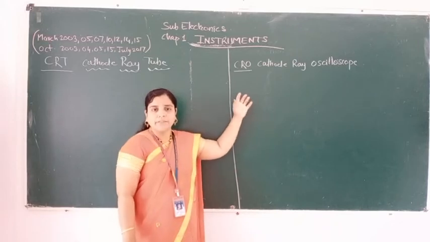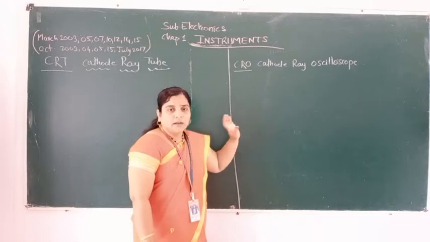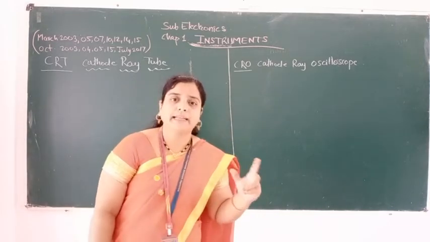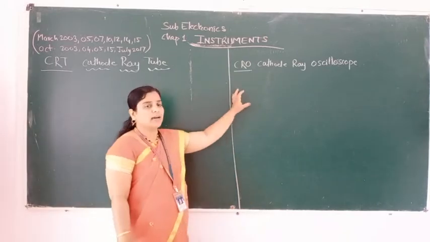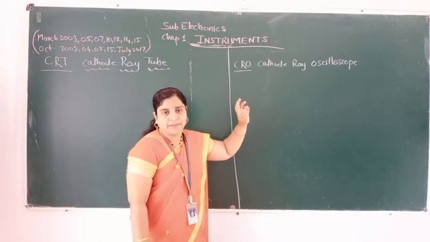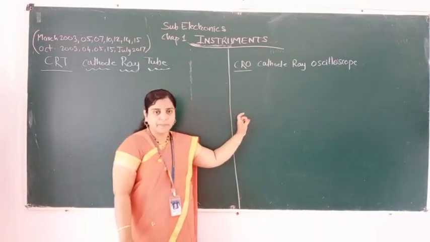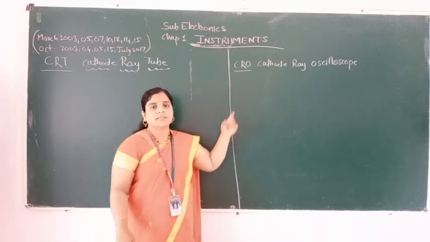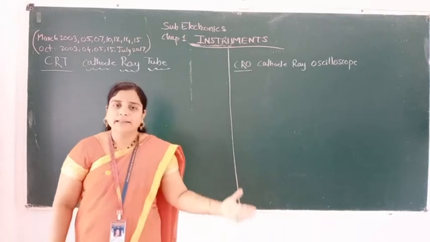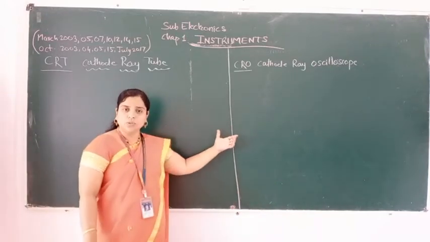So these are very important instruments in electronics. Like the stethoscope is important for doctors, in electronics CRO is very important. Without CRO, you can't measure the frequencies, voltages, and waveforms, you can't observe them. In these CROs, CRT is used, and these CROs are used in laboratories.